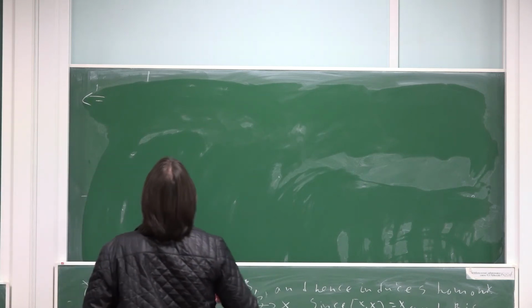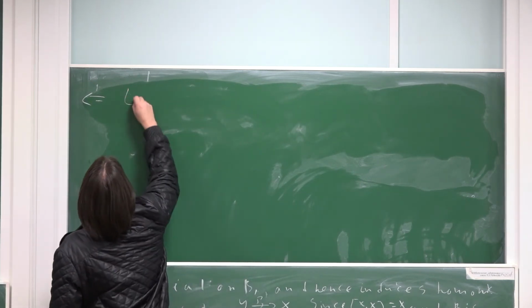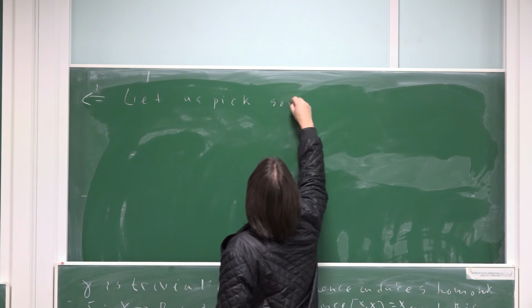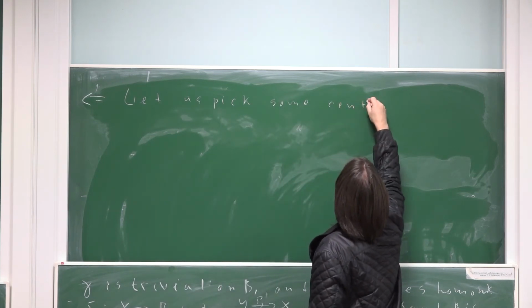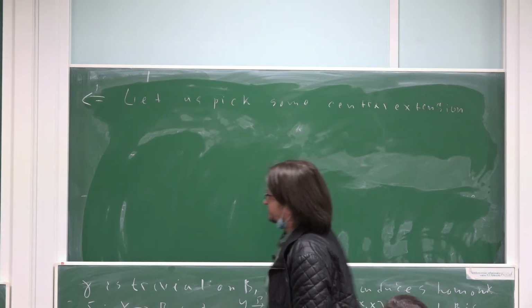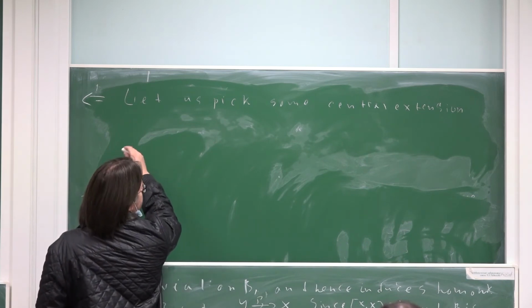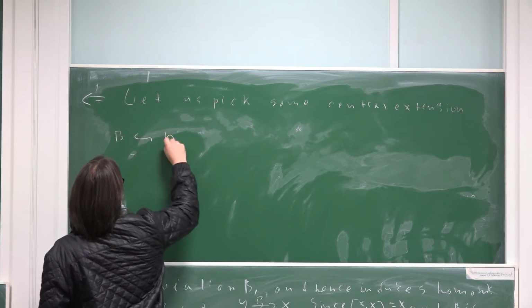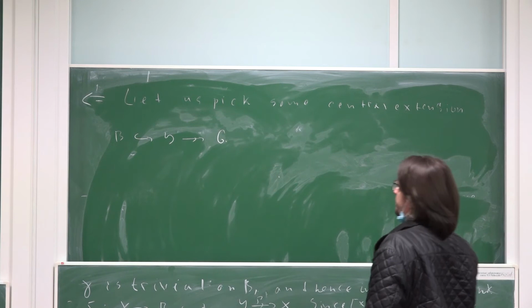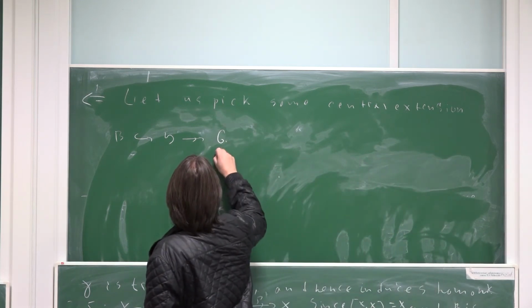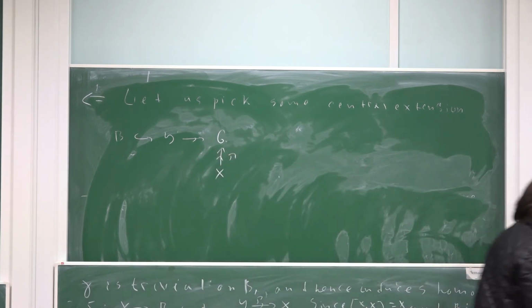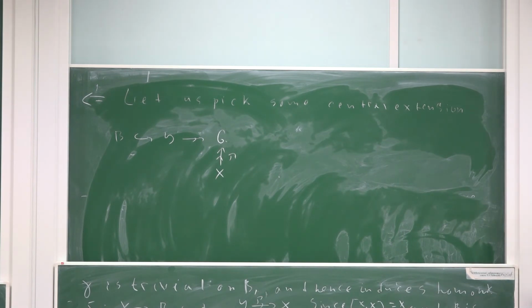So let's pick some central extension B, Y, G. Then we can use pi here to construct another central extension.